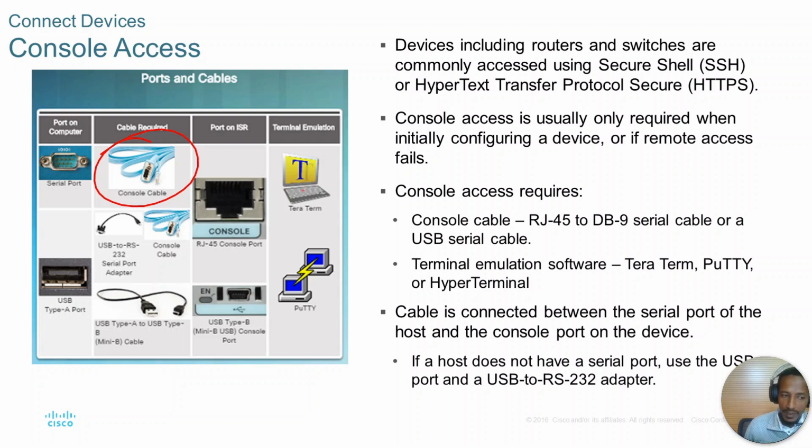The console cable enables us to connect the PC with the router. You can see the RJ45 port will be connected to the router, and the serial port will be connected to the PC.